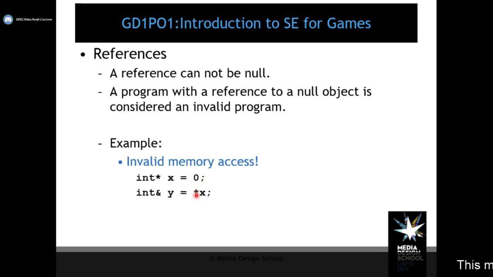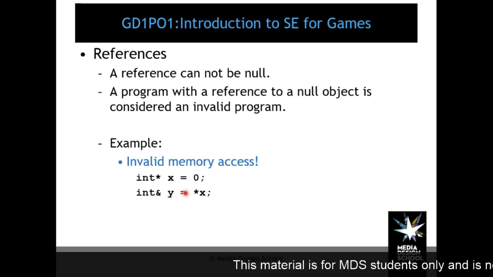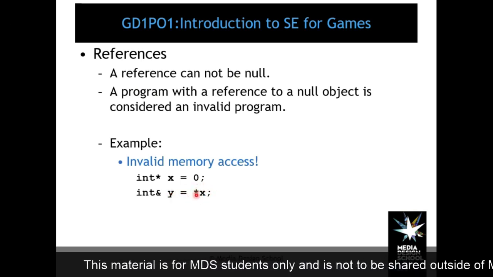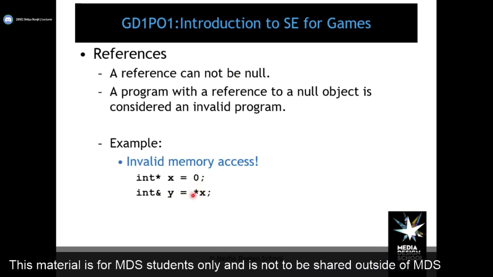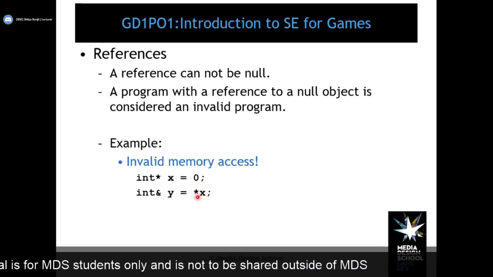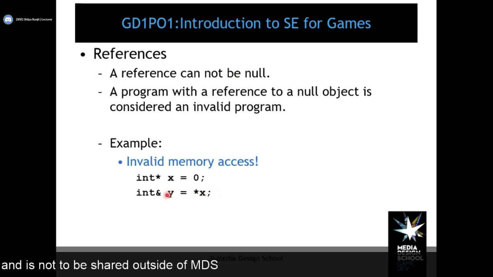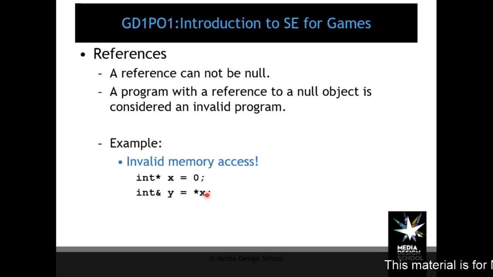This is actually dereferencing the pointer variable. So this reference is an alias name to the memory location that is pointed to by x. Okay, so this reference is not a reference to the pointer. It is a reference to the memory location that is pointed to by the pointer.